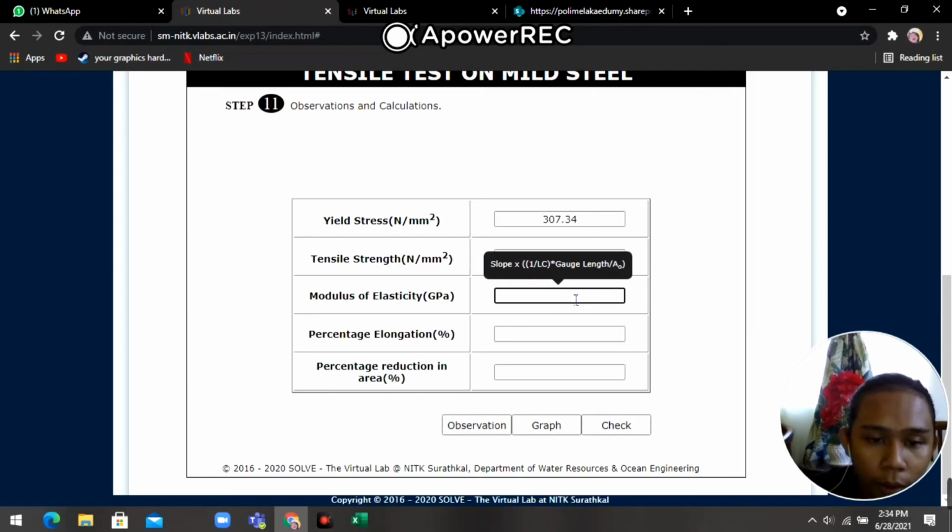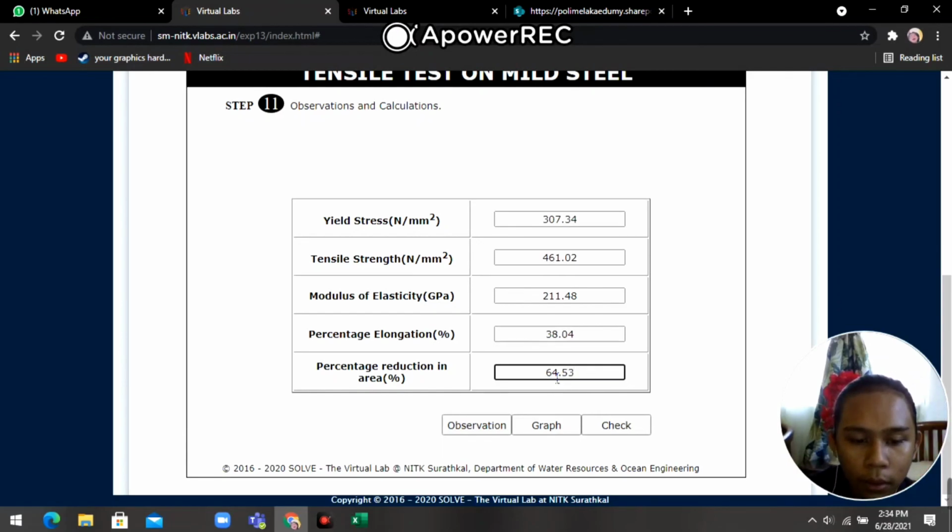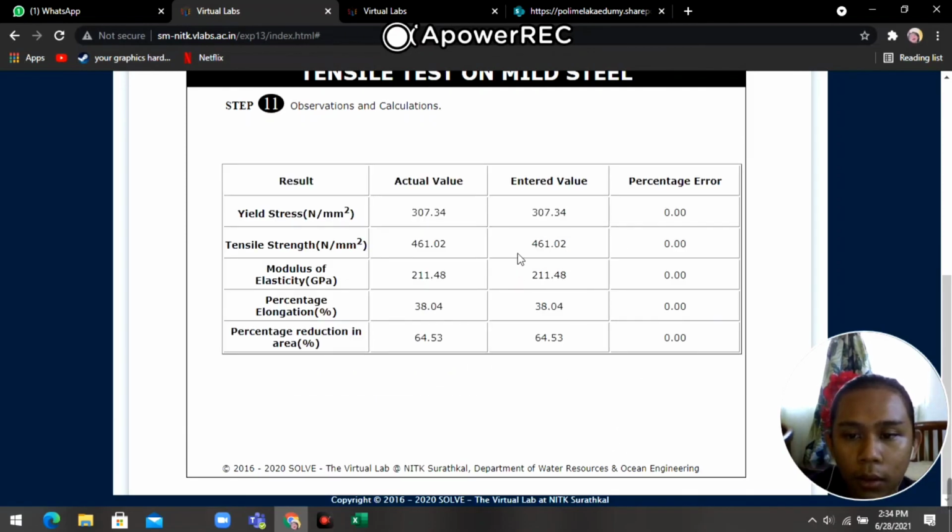The modulus of elasticity 211.48. The percentage elongation is 38.04, and percentage reduction in area is 64.553. Check. Okay.